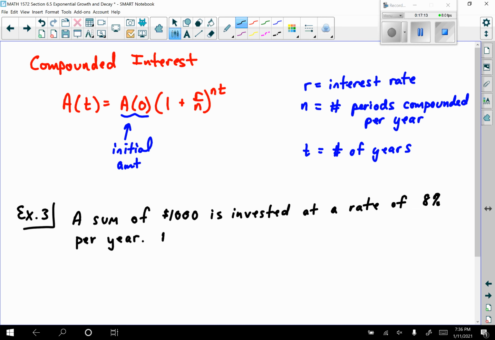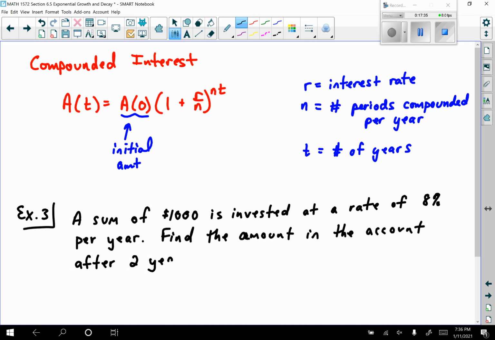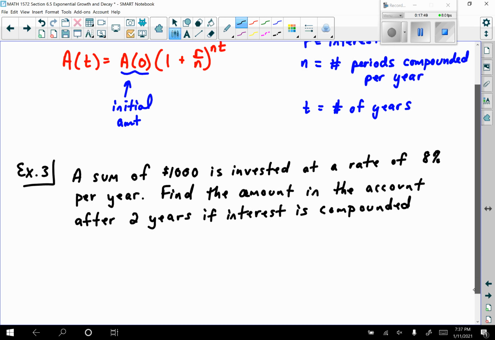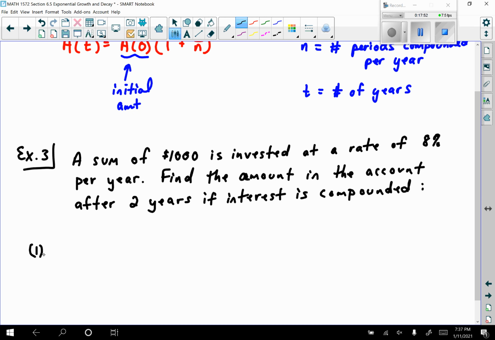So we want to find the amount in the account after 2 years if the interest is compounded. First, we'll do monthly.